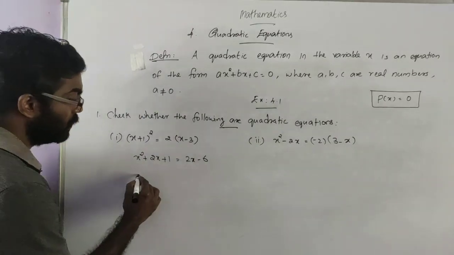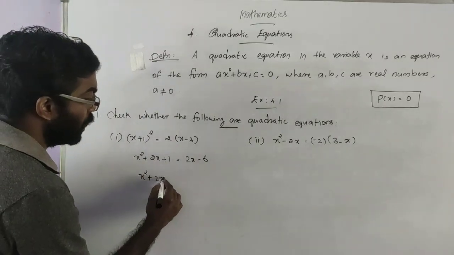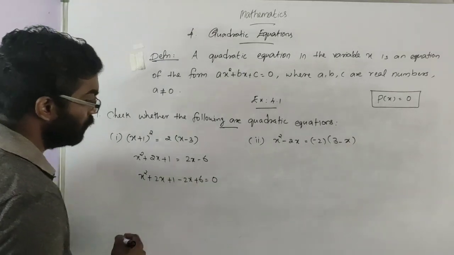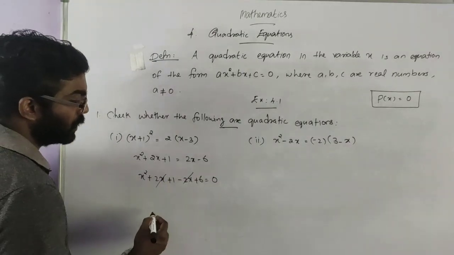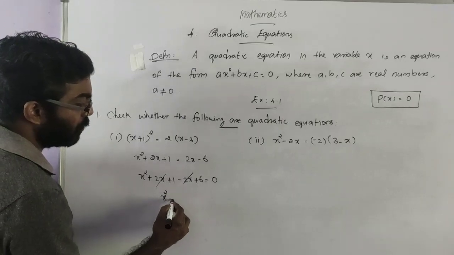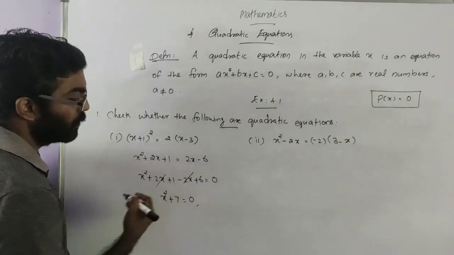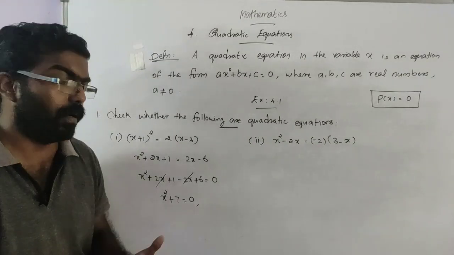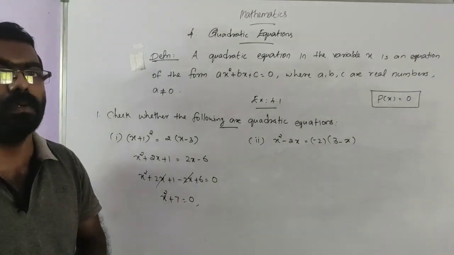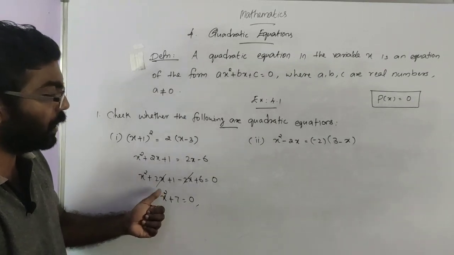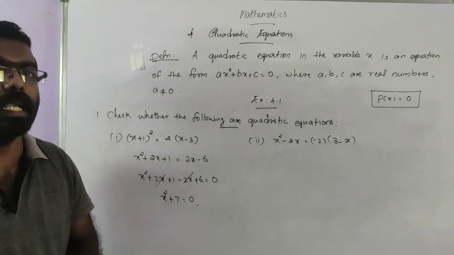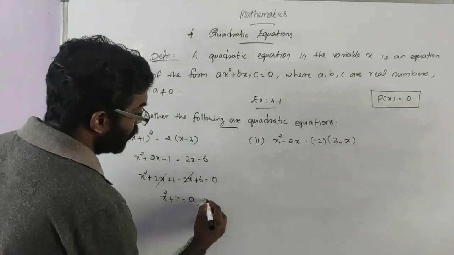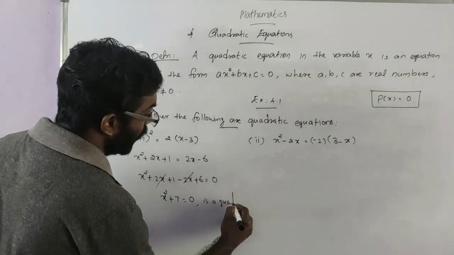Now we can rearrange: x square plus 2x plus 1 minus 2x plus 6 is equal to 0. Plus 2x and minus 2x get cancelled. We get x square plus 7 is equal to 0. And clearly we can say it is a quadratic equation since the degree of this equation is 2. Here the variable is x and the degree is 2 and hence it is a quadratic equation.